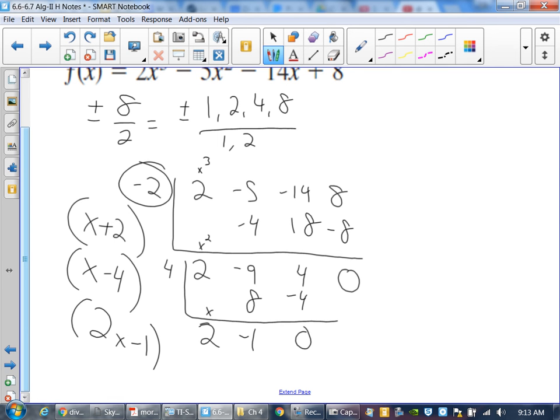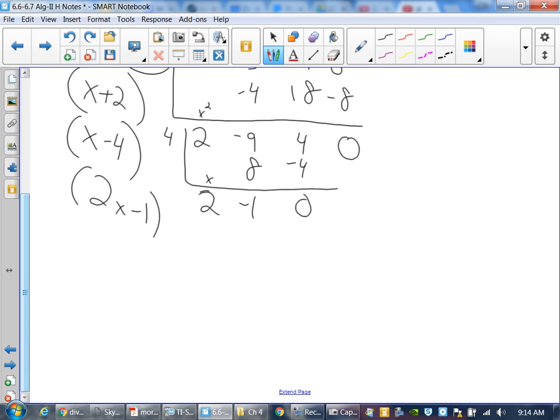Mr. Murphy, where did you get the 4? I just, instead of factoring 2 times 4 to add to -9, which you can do, I figured I'd use synthetic again. Try it. Where did you get the 1/2? I think it's quicker to use synthetic division instead of trying to factor 2x squared minus 9x plus 4, because then I'd have to do all that grouping, so it's not worth it.